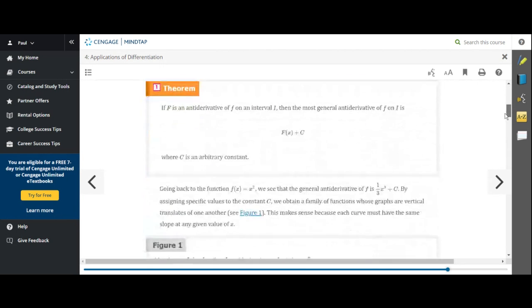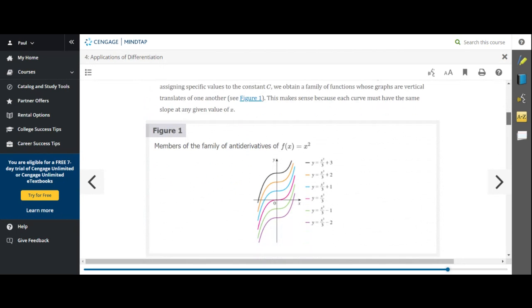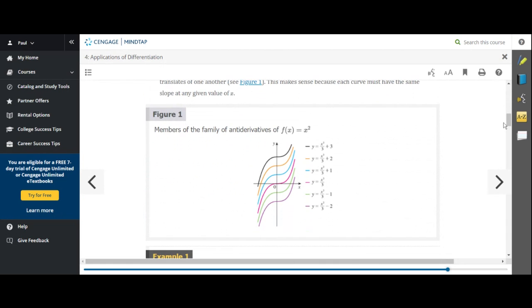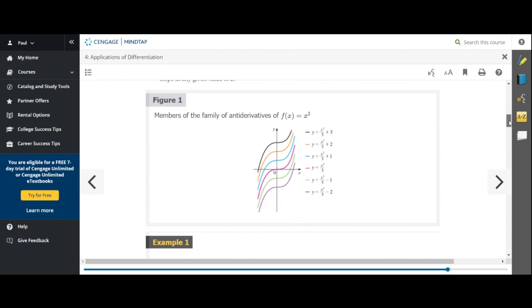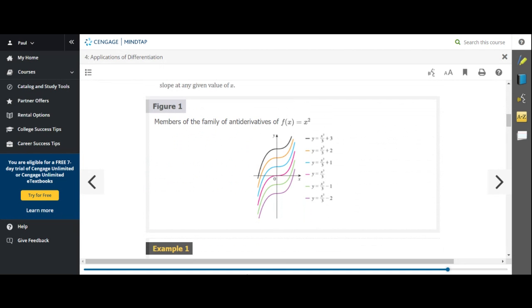So I think it makes sense to start off with a little picture here, the picture in figure 1. In figure 1, they have members of the family of antiderivatives for f of x equals x squared.